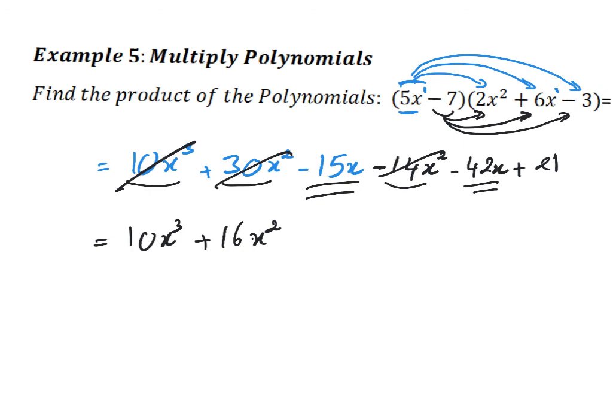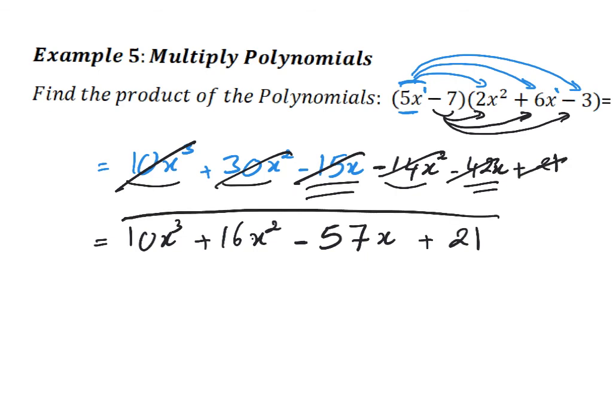So we're going to add 15 to 42. 5 plus 2 will be 7, 1 plus 4 will be 5. It's going to be negative 57x, right? And the last one we have left is just 21. That's going to be the constant right here. And that will be the answer in the most simplified form, the standard form.